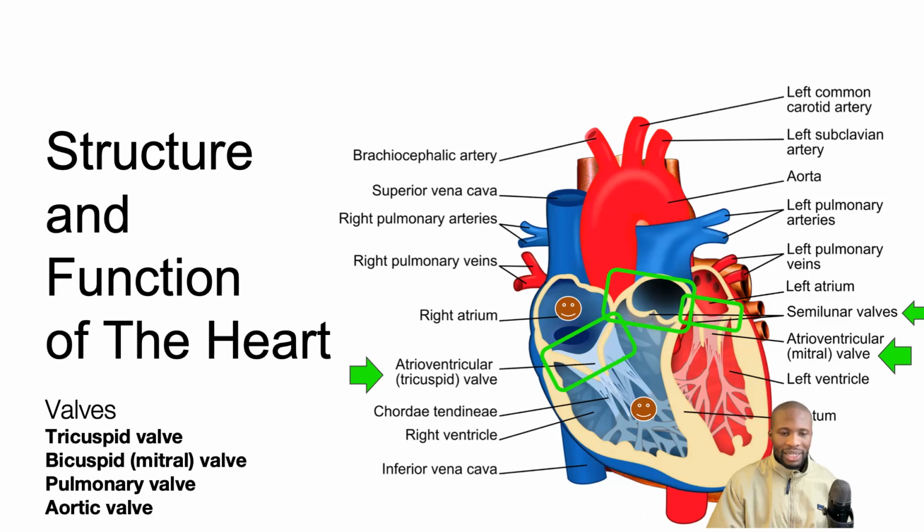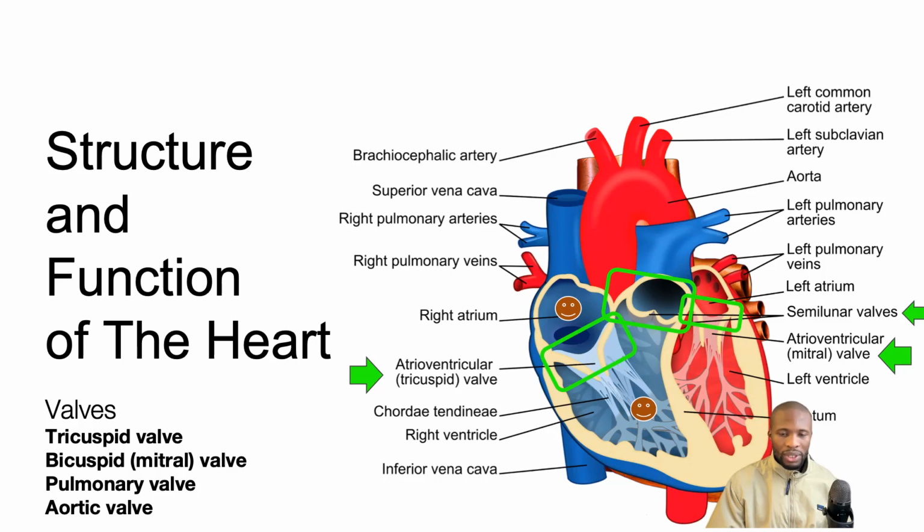So what we see is this valve is going to close when the ventricle is contracting, because then the blood can flow either through the aorta or through the pulmonary artery. And then when the blood is going into the ventricle, this door needs to open. So this will be your atrioventricular valves.